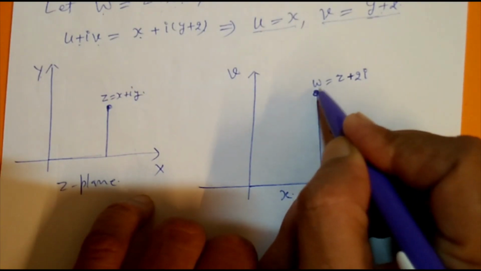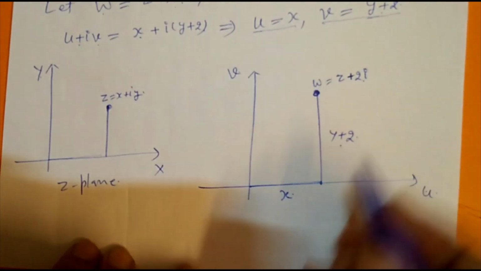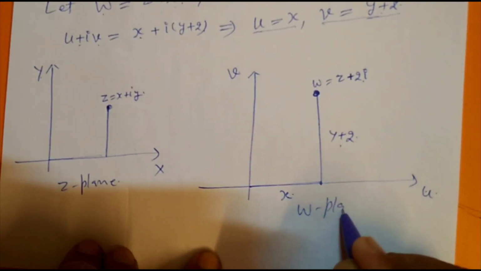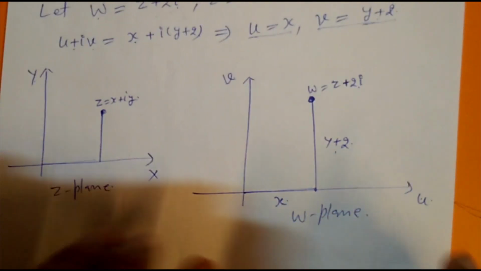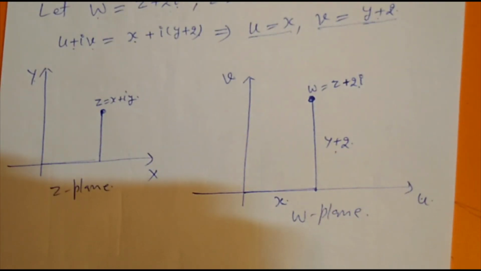So this is a point w is equal to z plus 2i in the w plane. So in the next lecture we will discuss magnification, rotation and inversion.